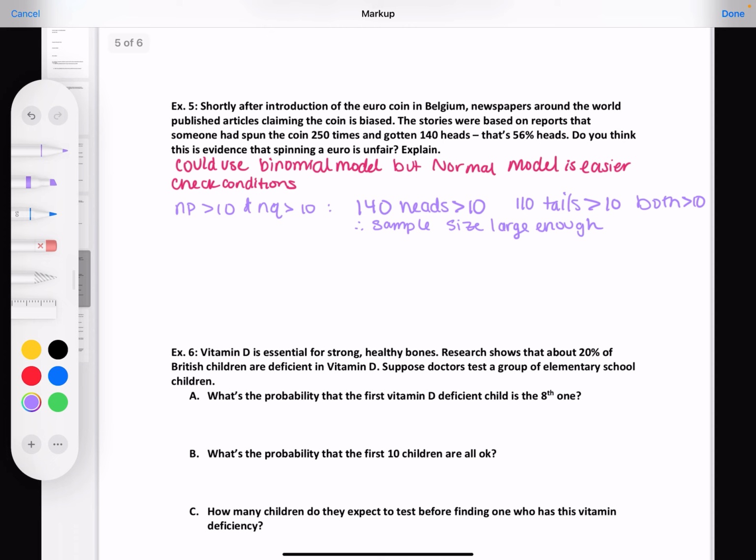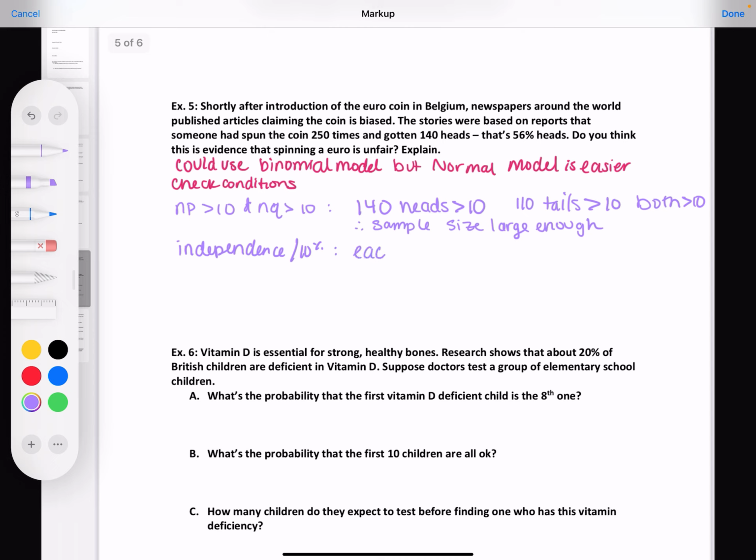Okay. Now I need to check the independence / 10% condition. Is each coin flip independent of the next? Yes.